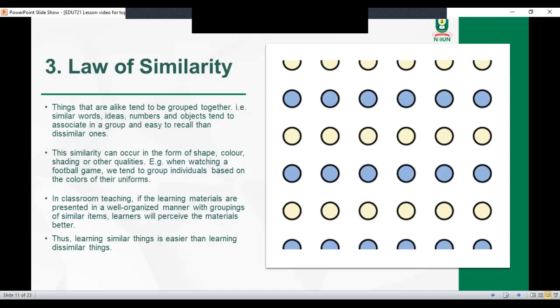The similarity can also occur in form of shape, color, shading, or other qualities. For instance, when watching a football game, we tend to group individuals based on the colors of their uniforms. You can easily tell which club each person belongs to because of the similarities of their uniforms.